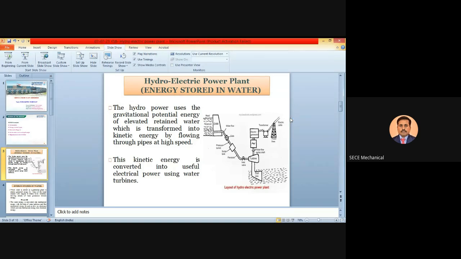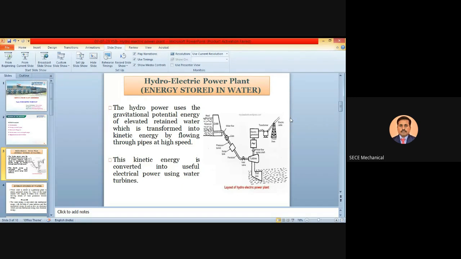Everything is required because water is flowing from a height. The water flows from a high position to a low position because your dam is constructed in a higher position and your turbine is located in a lower position. Both are connected with the help of the penstock. Due to the flow of water, the pressure energy is increased.